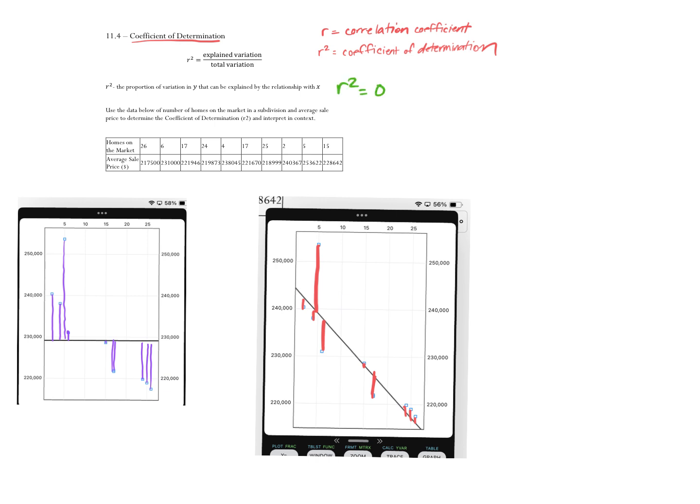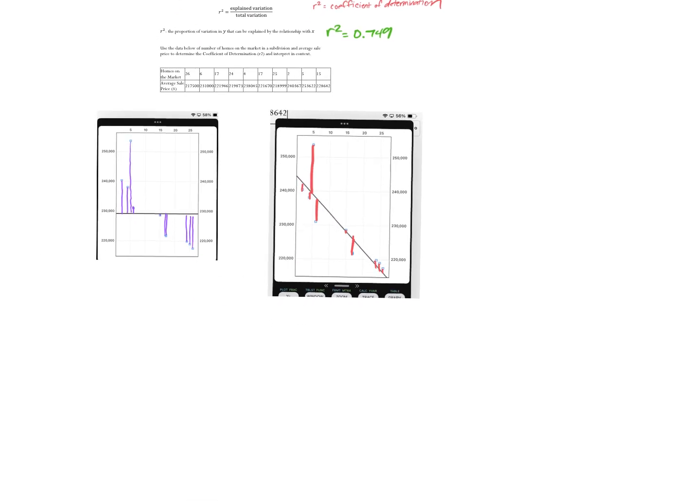For this particular set, here's how that interpretation goes. You're going to turn that R squared into a percent by moving the decimal point over 2. At this point, you guys should be pretty old hands at turning decimals into percents, right?